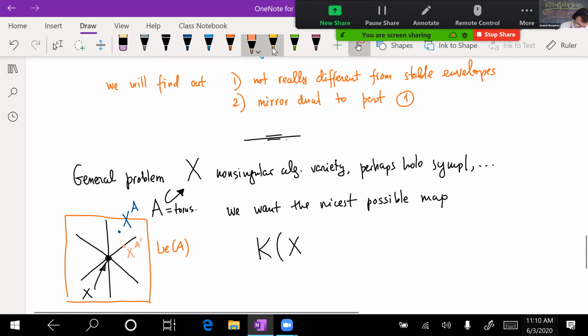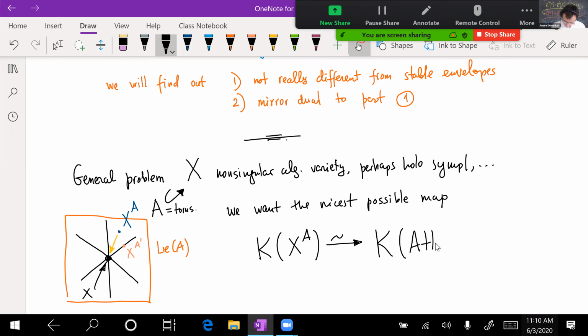We'd like to go this way. We would like a map from the K-theory of the fixed locus, in particular an isomorphism between this and the K-theory of the attracting manifold of the fixed locus.